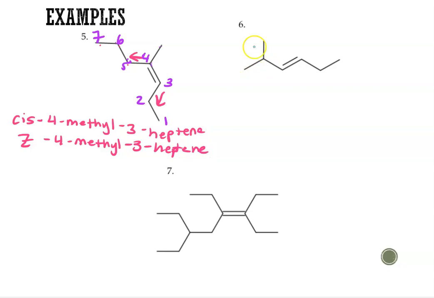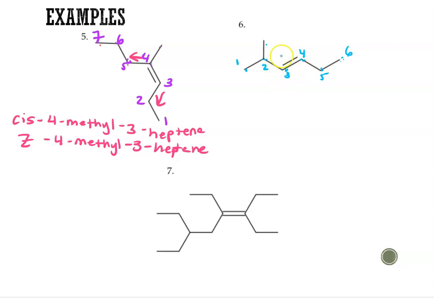All right, let's look at this next one. 1, 2, 3, 4, 5, 6. 1, 2, 3, 4, 5, 6. So it doesn't really matter which way. I'm going to pick this way since I encounter a substituent here. Since it doesn't matter which side you pick the double bond on, I'm going to pick whichever makes the substituent better.